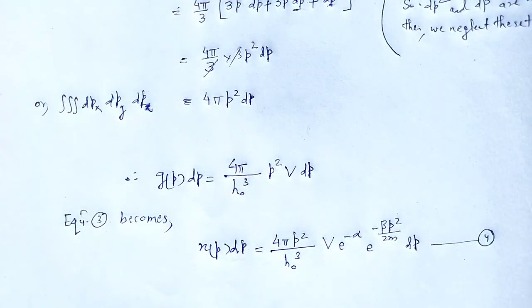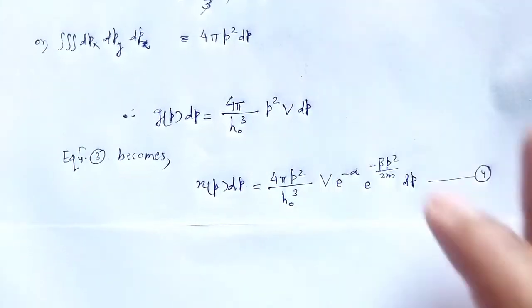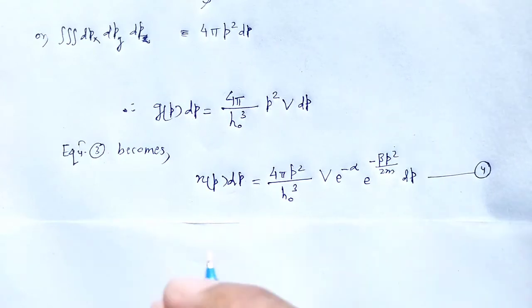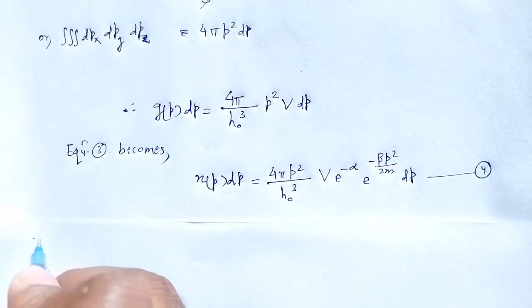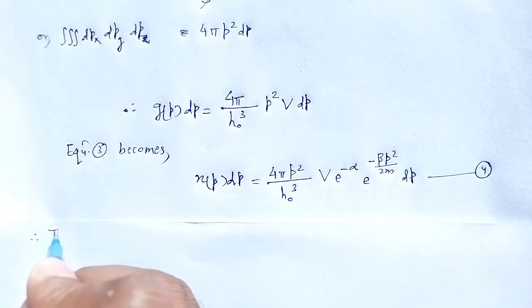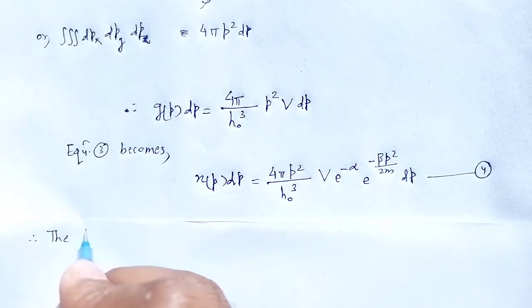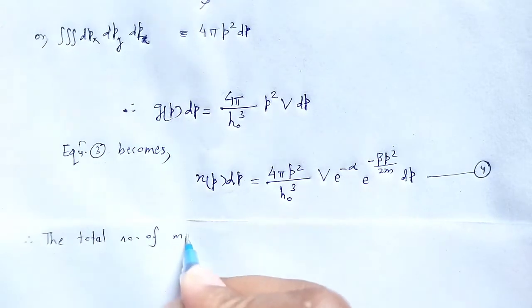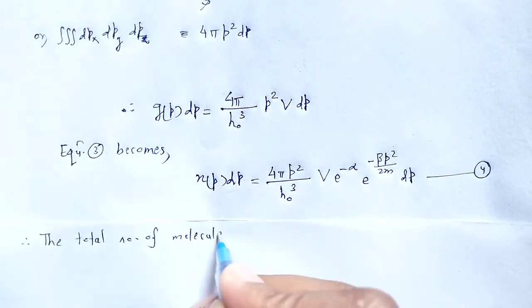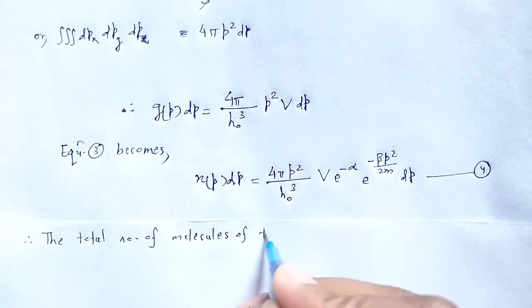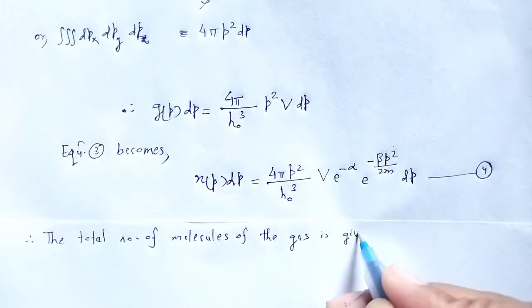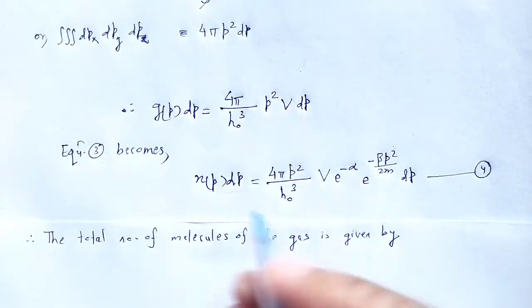To calculate the number of molecules, the total number of molecules of the gas is given by integrating that term.